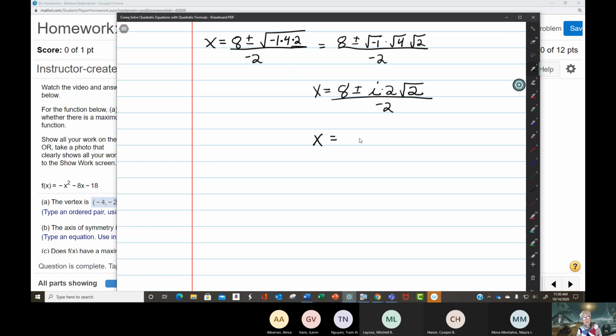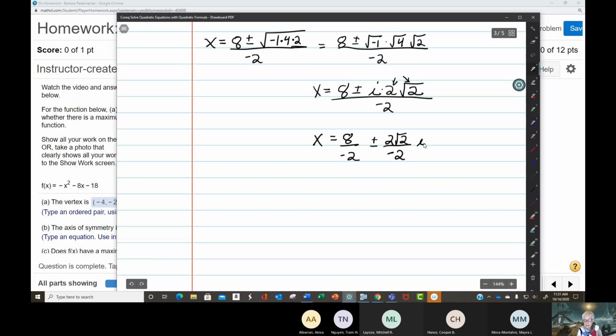All right, now you have to do this with i numbers. i numbers are complex numbers, and that's the way math is done in the complex number system. 8 over negative 2 plus or minus 2 times the square root of 2 over negative 2.